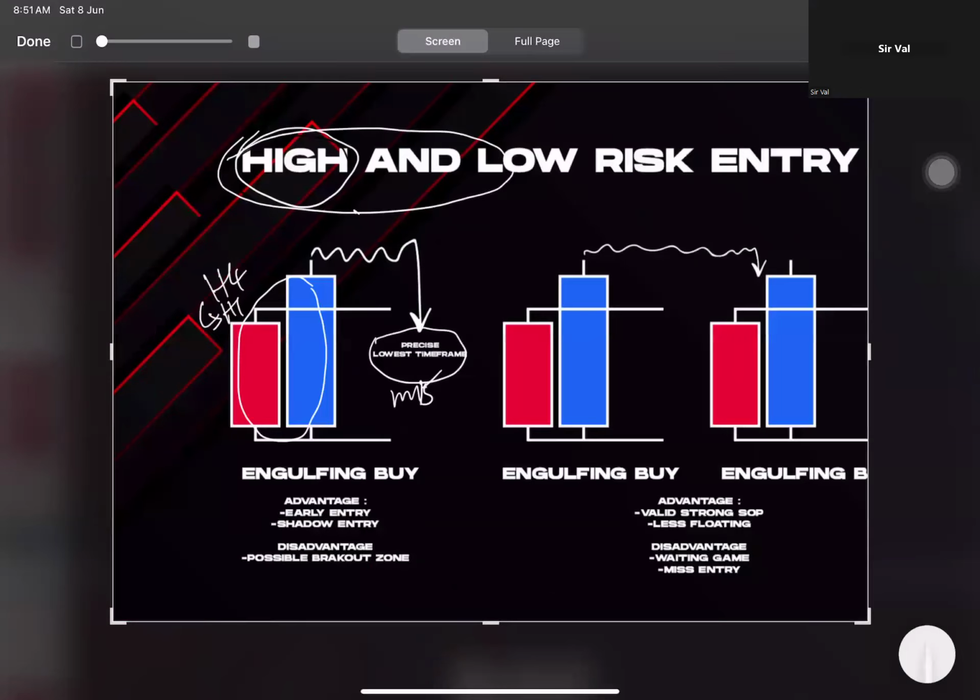You can use M5 at the US session, 8:30 p.m. Malaysia time. When the US session starts, price is very volatile and very fast, so I use M5. If I wait for M15, I will miss the entry. So I will enter based on M5.